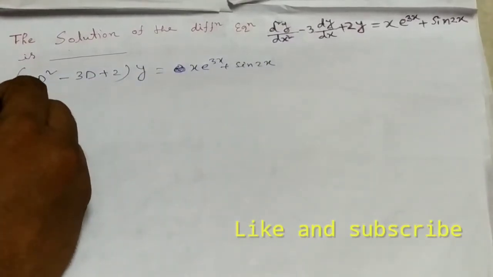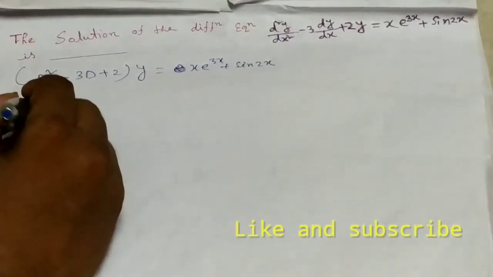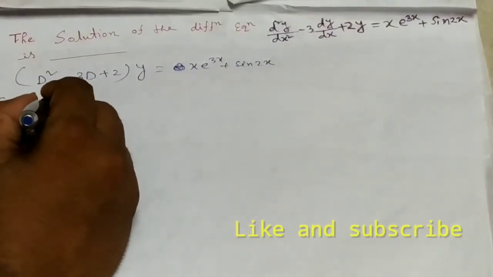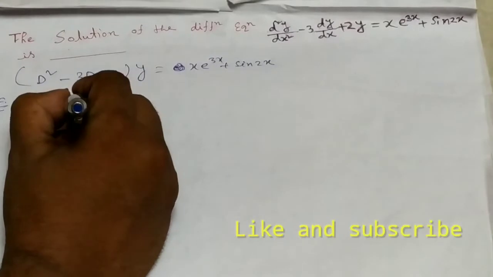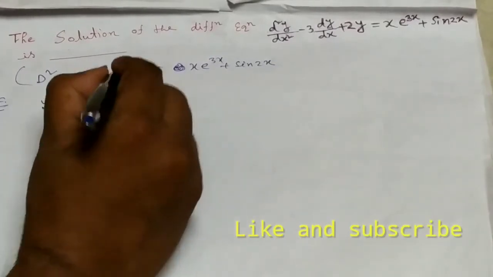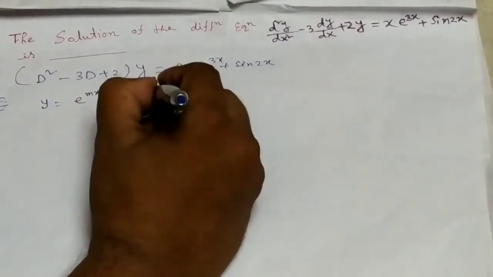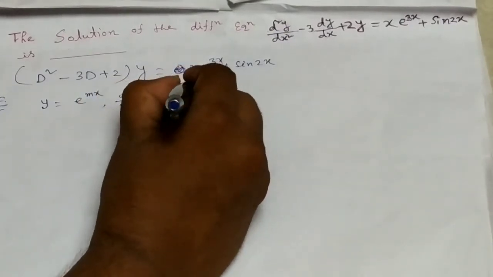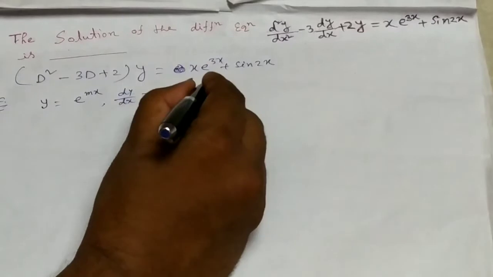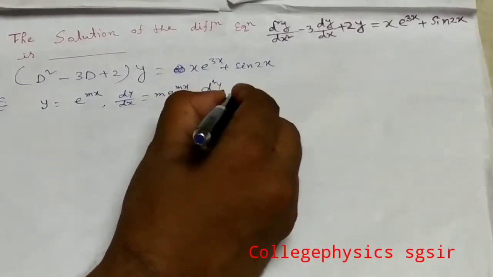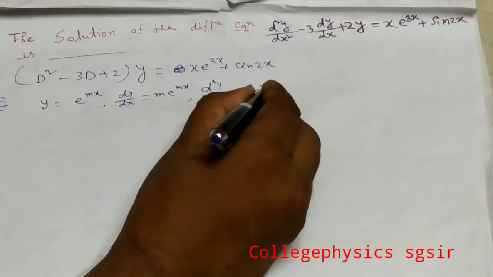At first we calculate the complementary function. So for calculating the complementary function, let y be equal to e to the power mx. So dy dx equal to m e to the power mx and d square y dx square equal to m square e to the power mx.